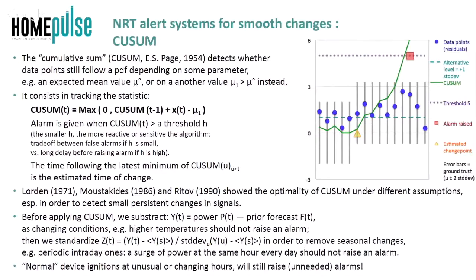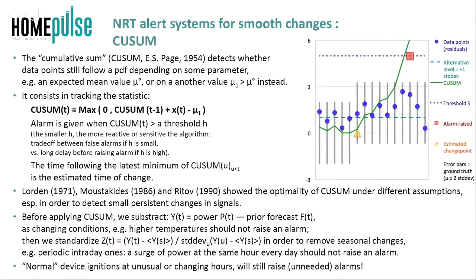What we use explicitly is a cumulative sum algorithm, the CUSUM. The idea is that we consider that the consumption points follow a specific PDF, and correspond to a specific expected mean value, and we try to check when this PDF changes. Each time we have a new consumption point, we take the difference with the expected value, and we add this value to the cumulative sum.